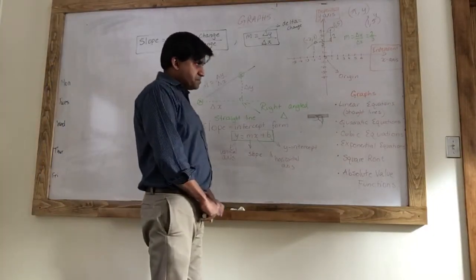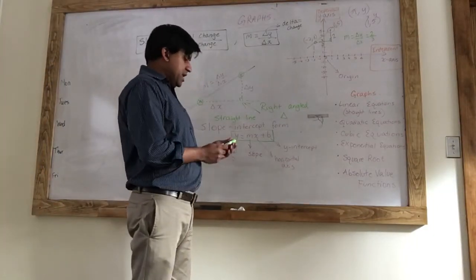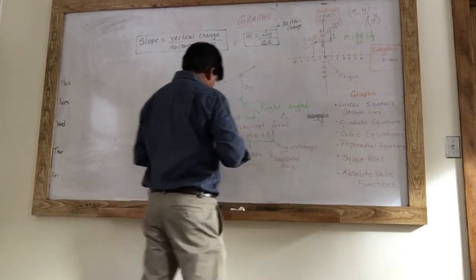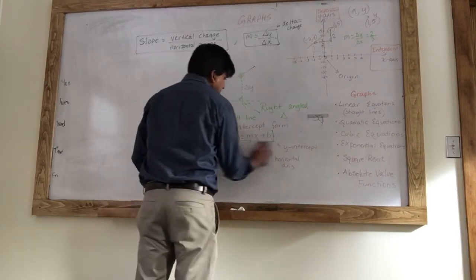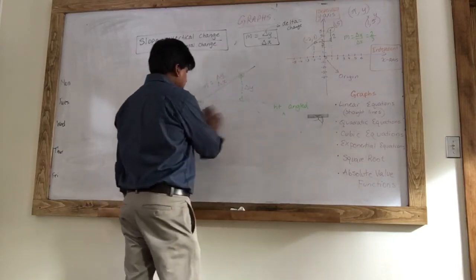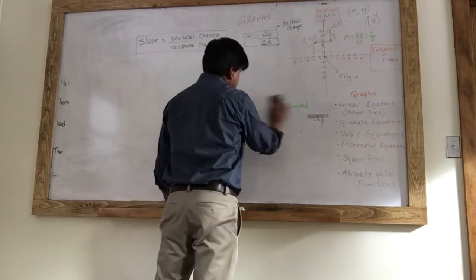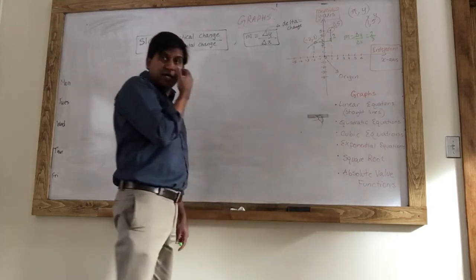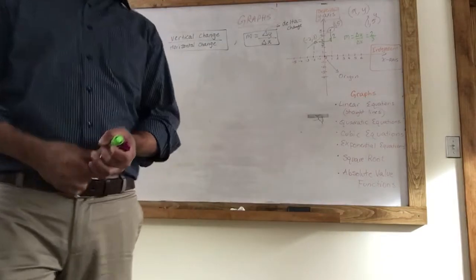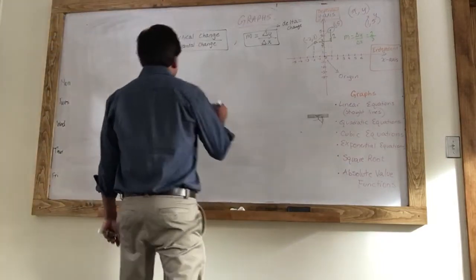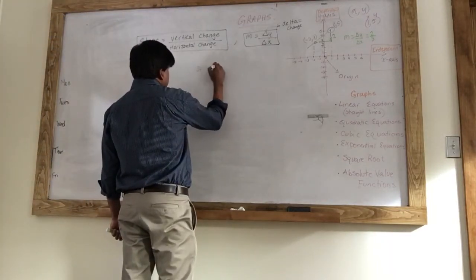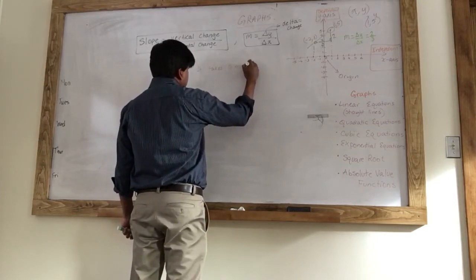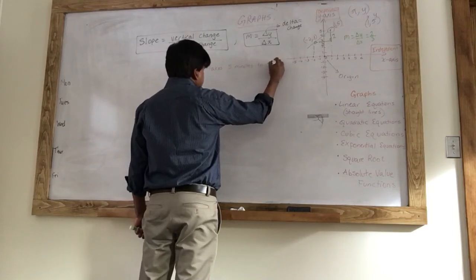Now sometimes you might have graphs which are like this. So I'll make a table and I'll use that to explain my idea. Let's say you're doing math, as you do in your class, and it takes you 5 minutes to solve each question.